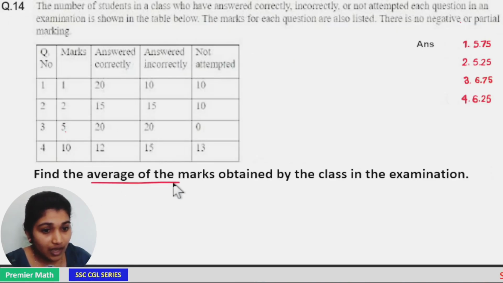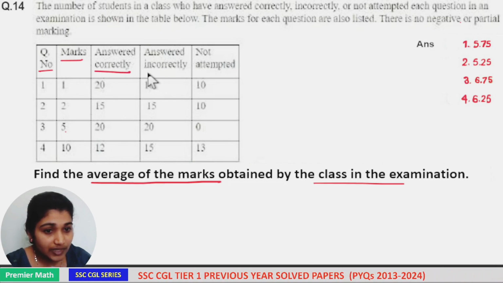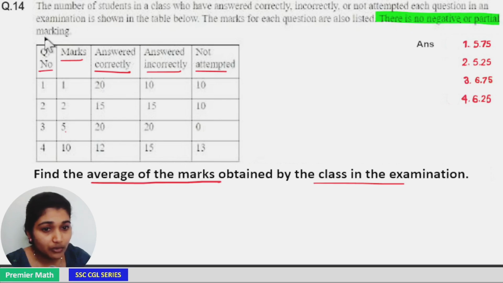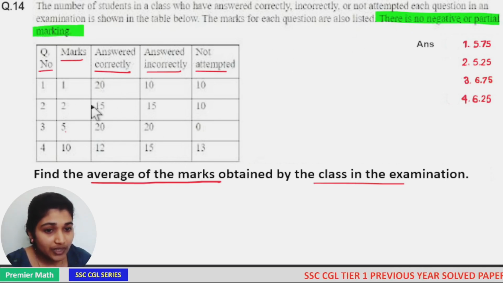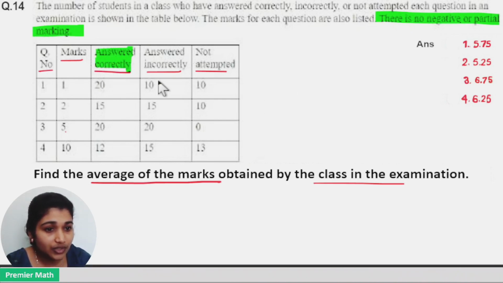Here, find the average of the marks obtained by the class in the examination. The table shows the number of questions, marks, and number of correct answers, incorrect answers, and not attempted questions. The question clearly says there is no negative marking or partial marking, which means the total marks obtained is the same as the total marks obtained from the correct answers. So take the sum of marks first.